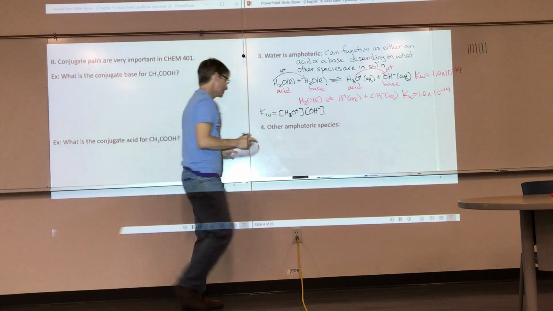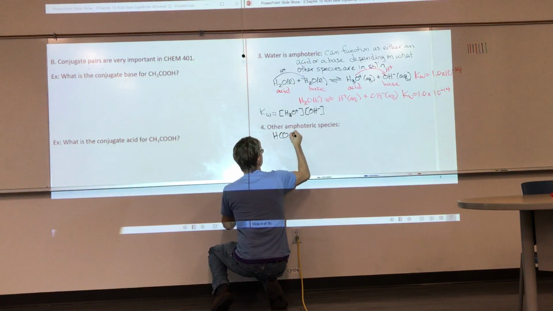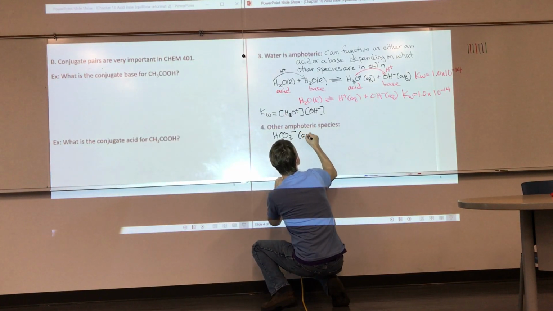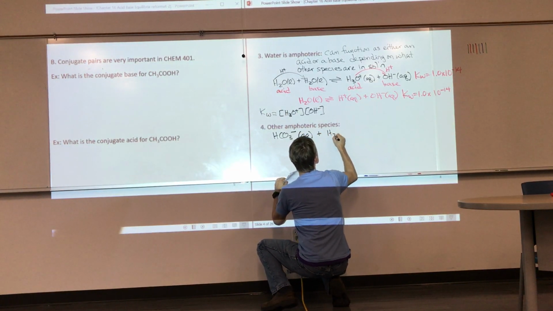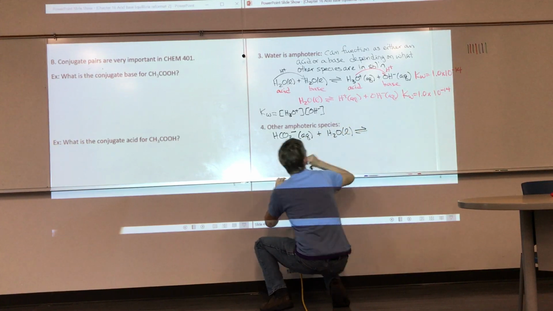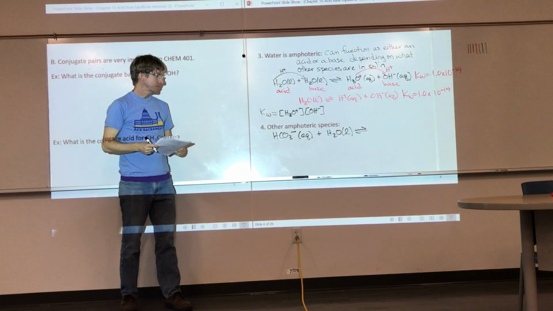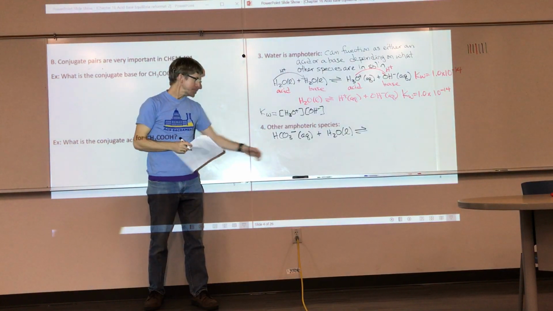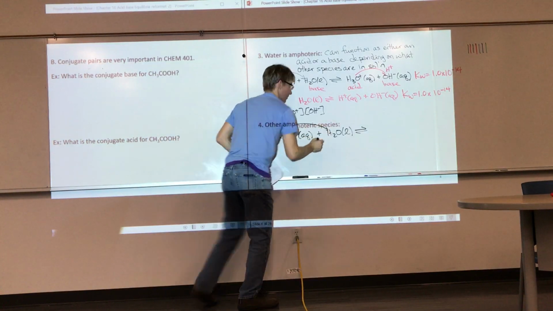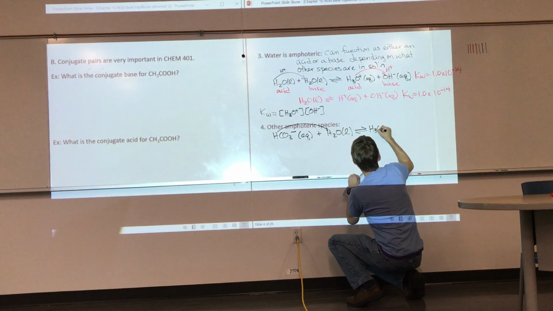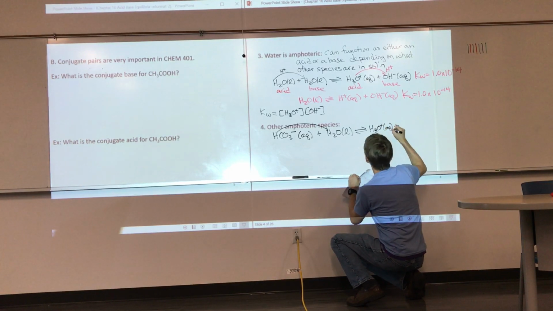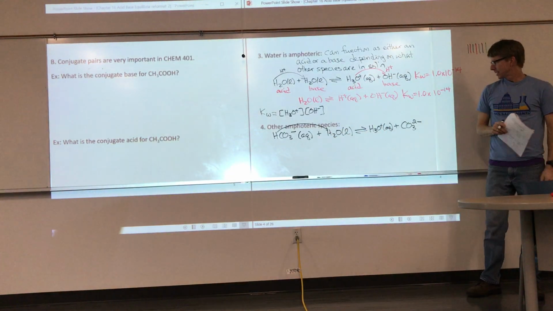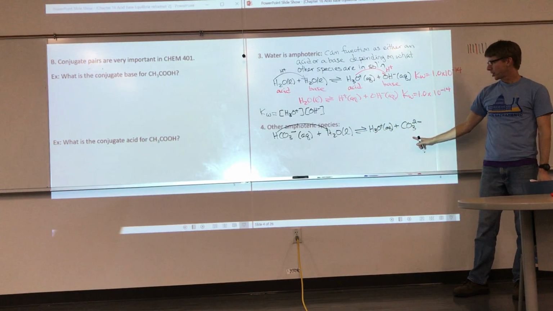Other amphoteric species, bicarbonate ion, has an H in the front. We will treat this as an acid, leaving us with hydronium and carbonate ion.